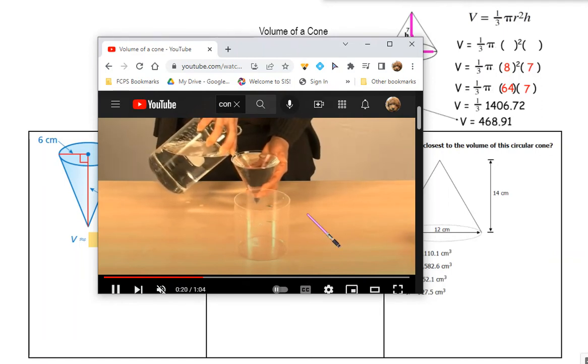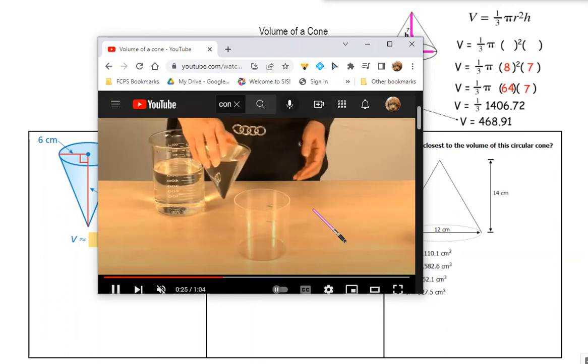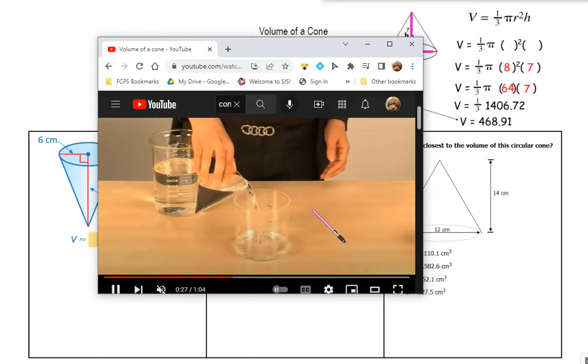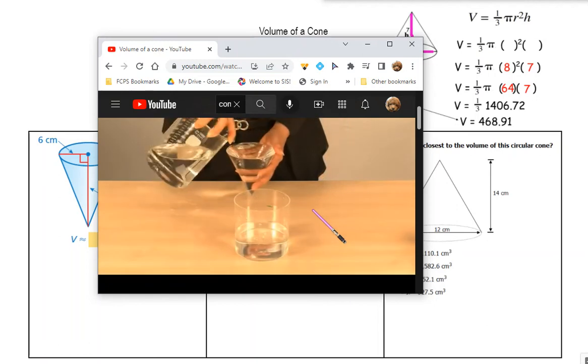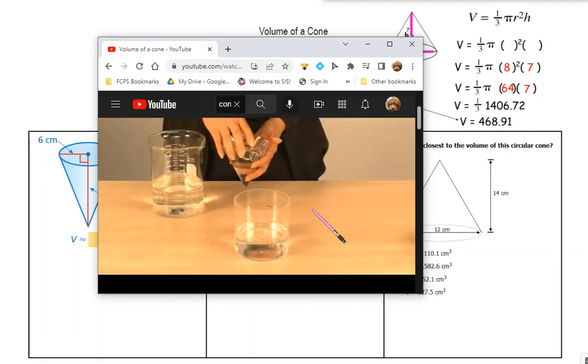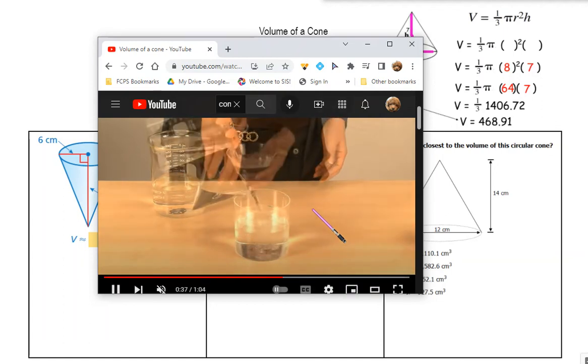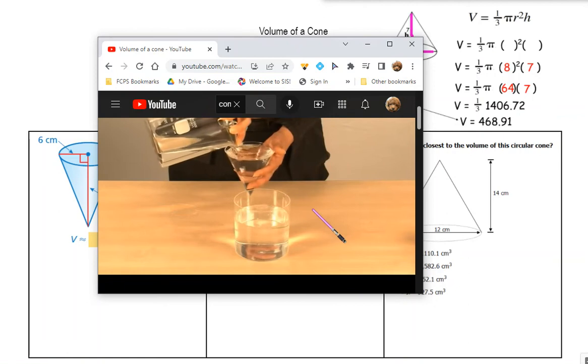So here we go. There's one cone. Here's 2 cones. And here's 3 cones.